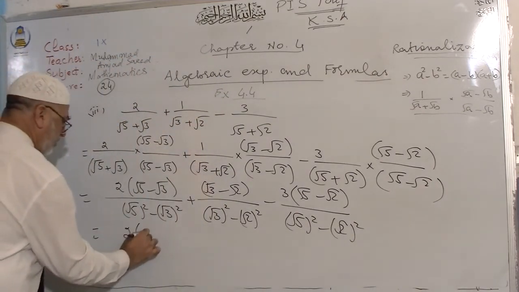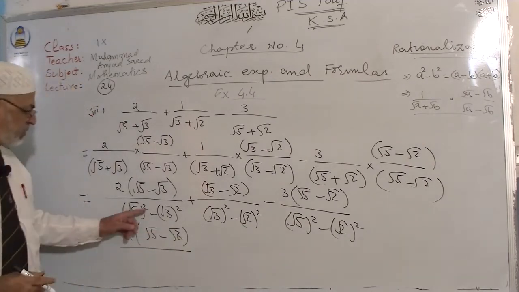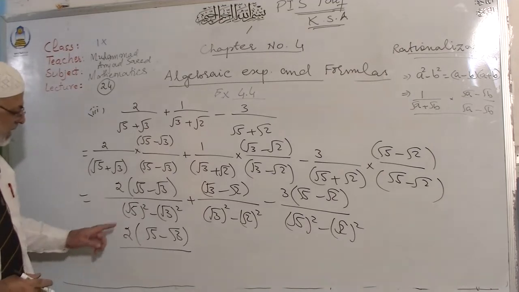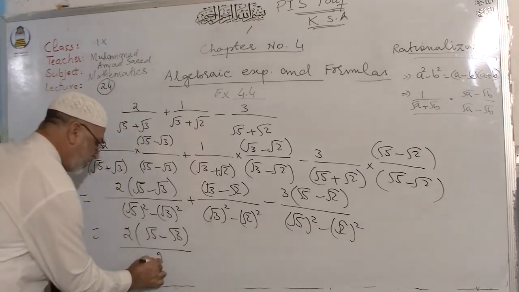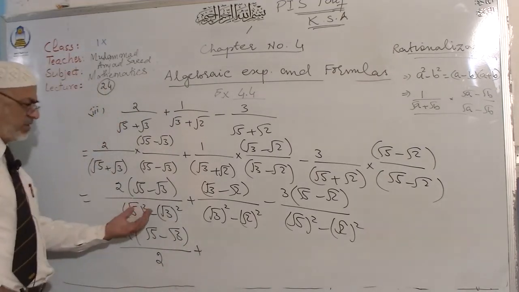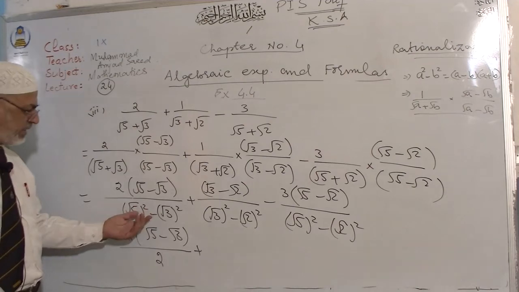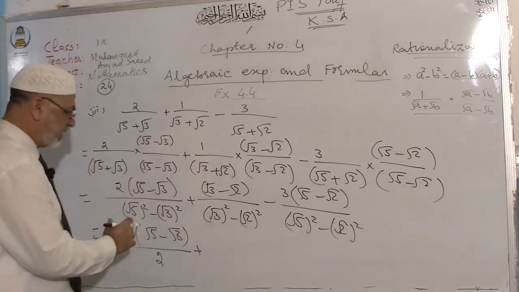Dear students, 2 into root 5 minus root 3 divided by 2, and the 2s cancel out. We are left with 5 minus 3, and 5 minus 3 is 2. I am writing down a little directly, so you can have the idea, and so many times we have applied this formula, so don't worry.